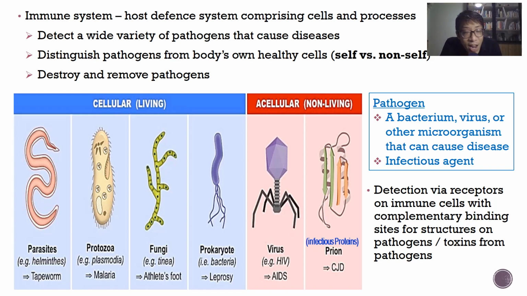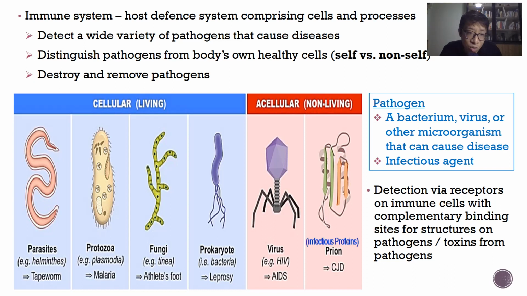So just now we mentioned the immune cells, which should have the ability to distinguish between self and non-self. Such recognition of our own body cells versus pathogens is due to the presence of different receptors on the immune cells. There will be receptors that recognize structures on the pathogens, and also receptors that recognize cell surface proteins on our own body's healthy cells.